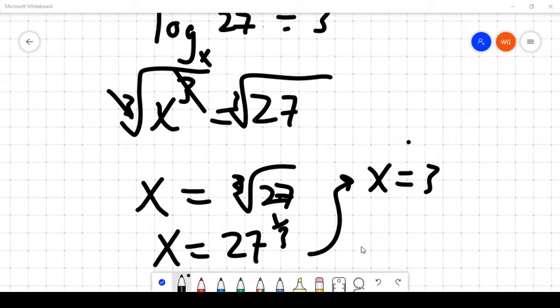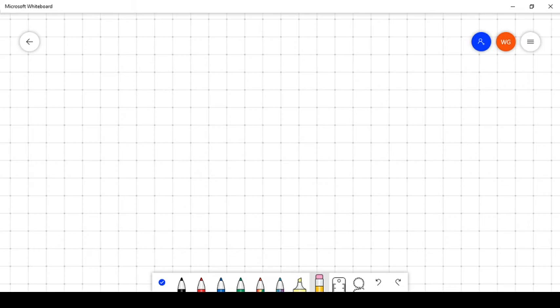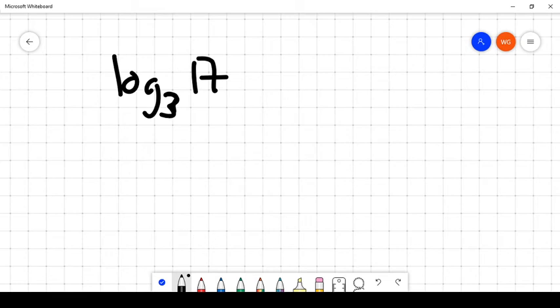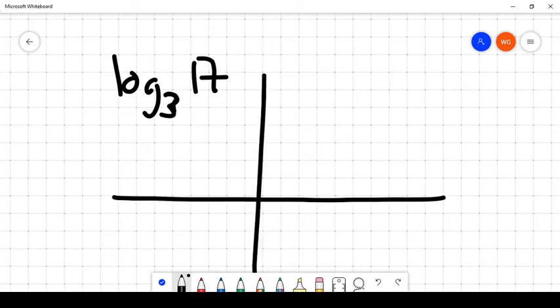Here's a question that might give you some interest. What if I said, use a graph to estimate each of the following? So in other words, I imagine I had a function that was this, log base 3 of 17, and it's saying use a graph to estimate what the answer to that would be.